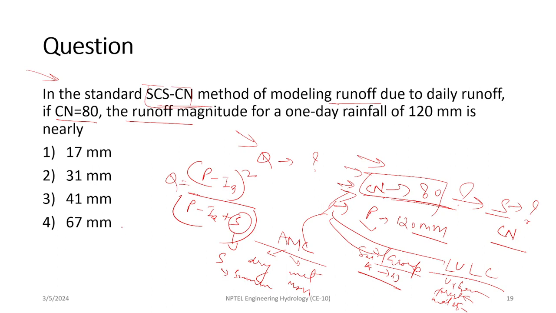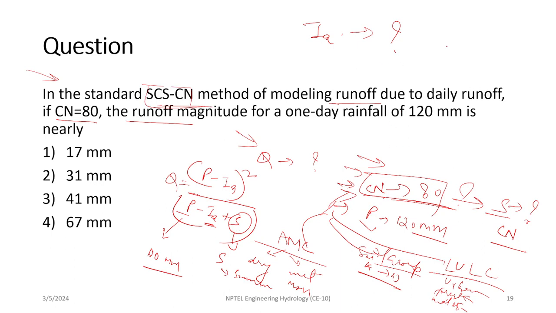I will show you the formula in the next slide. You already have the P value, that is 120 mm. Now you already have the S value also. Now if we have the S value, can we quantify IA? I mentioned in the previous question itself that we can compute IA using the value of potential maximum retention.